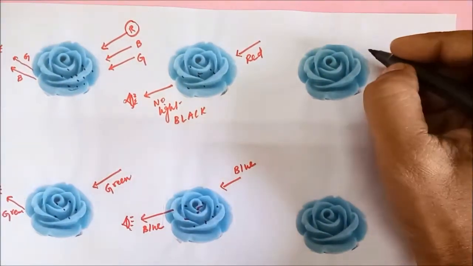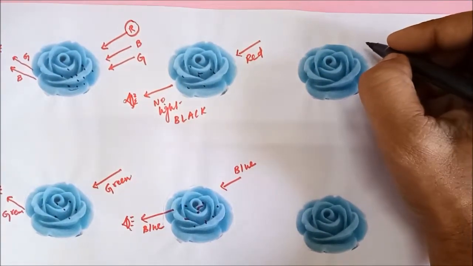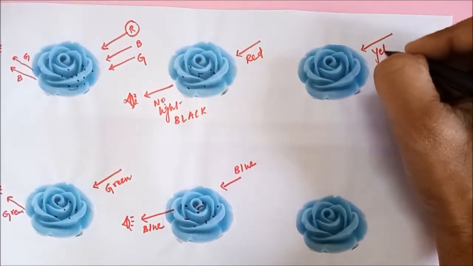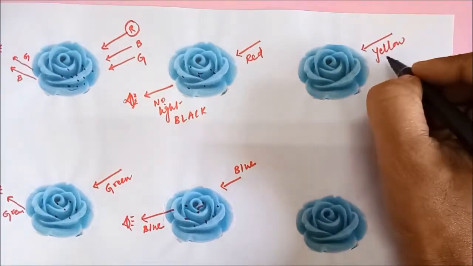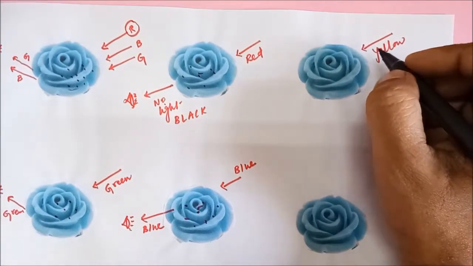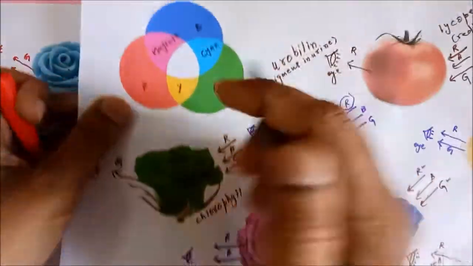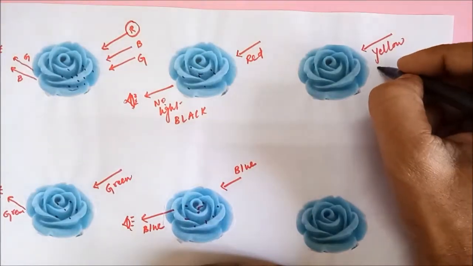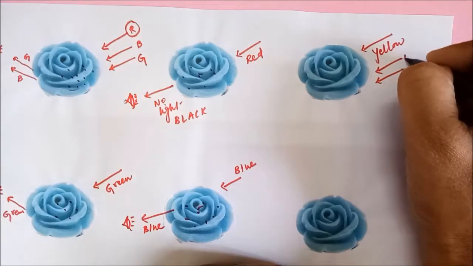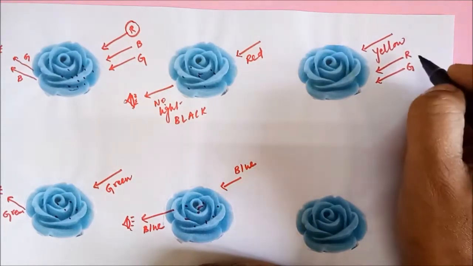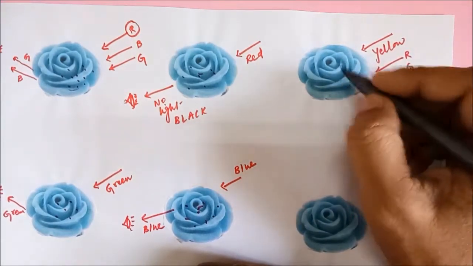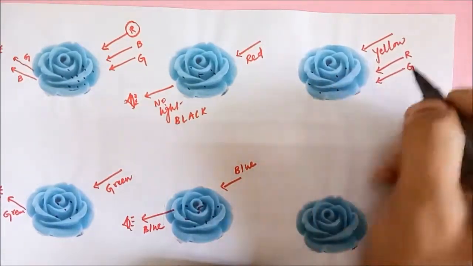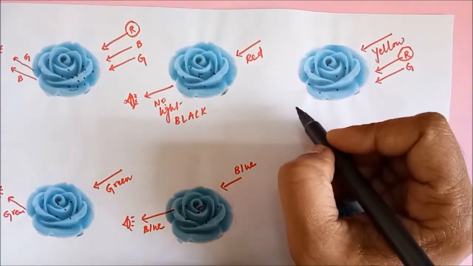If we impart, say, yellow light on it, now yellow is a secondary color. Yellow color is made up of red and green. So we may understand that red and green light together are falling on the cyan flower instead of yellow, and now these pigments are capable of absorbing red color.